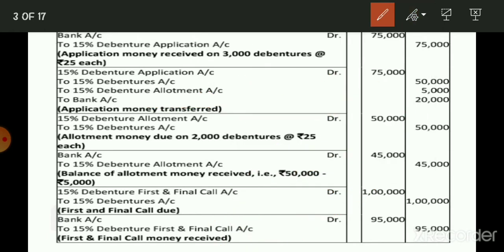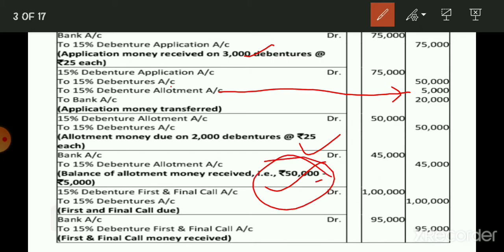Now debenture allotment will be due, as 25 rupees is called on allotment also, and only 45,000 is transferred because in application we have already received 5,000. So the 5,000 will be less from 50,000.